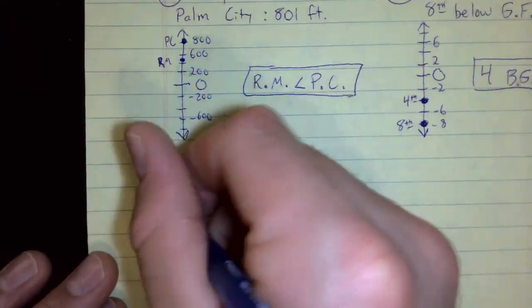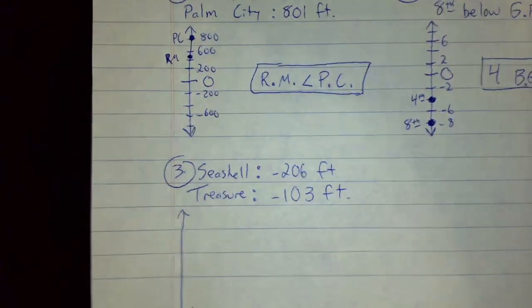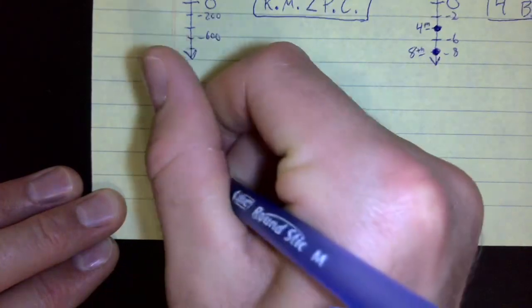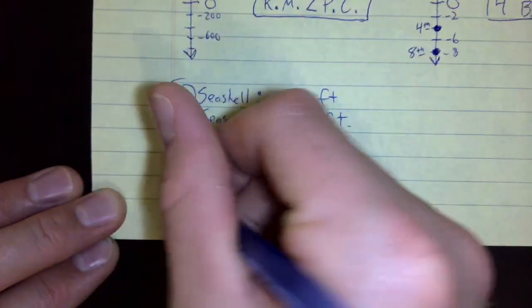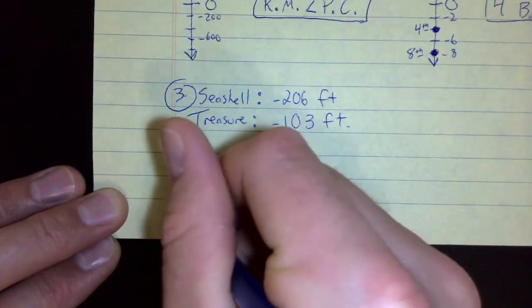All right, so go ahead and make your vertical number line, representing your elevation, and place the 0 right in the center. Easy increments would be 50 again. 50, 100, 150, 200. Negative 50, negative 100, negative 150, negative 200.